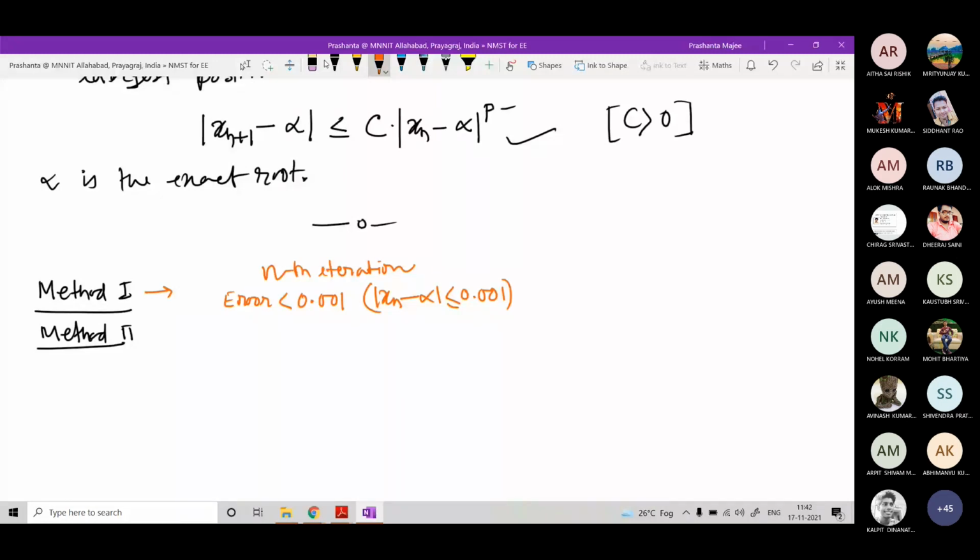And the same error is also for method 2. We'll assume that the same error is there. Error is less than or equal to 0.001 in method 2 also.